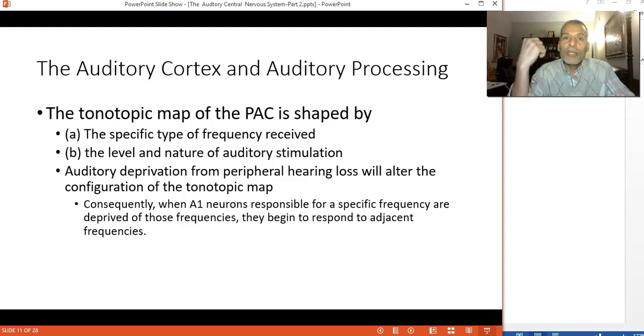In other words, they will be distracted by other sounds around them, and they will pay attention to these sounds, and they are not processing the particular tones that require to be processed. So in that case, of course, that will cause decreased auditory attention, and it's going to affect auditory processing abilities.